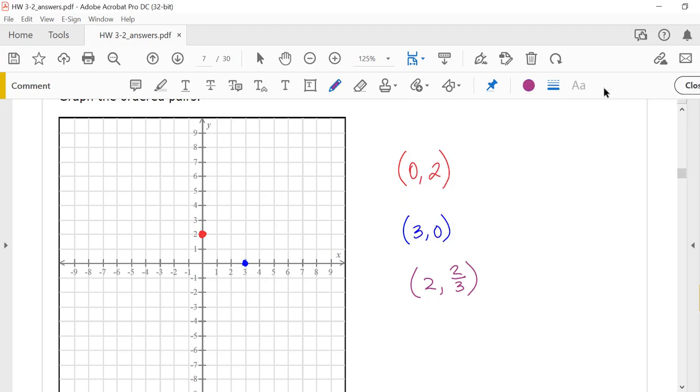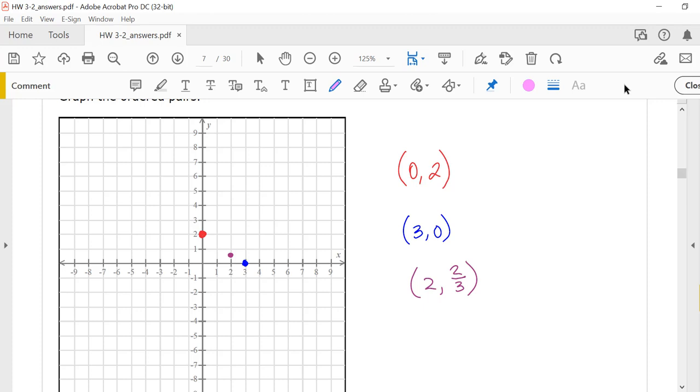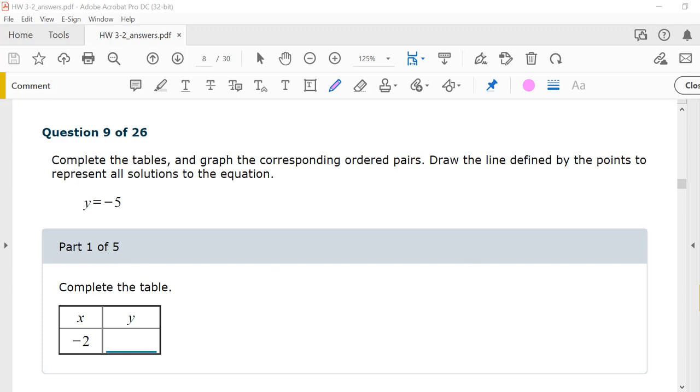And I have the point 2 comma 2/3. I'm going to go x direction of 2, and then in the y direction I'm going to go 2/3. So my point would be like right here. So now my line looks like this. Let's do one more on this recording, and then I'll stop it and do another one.